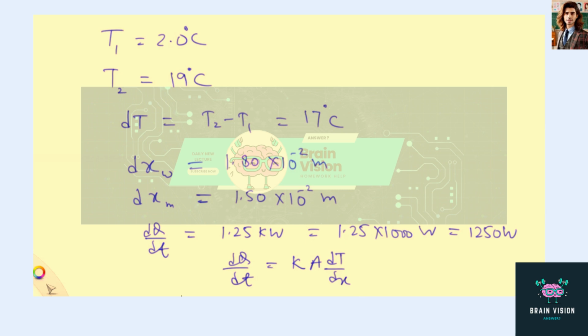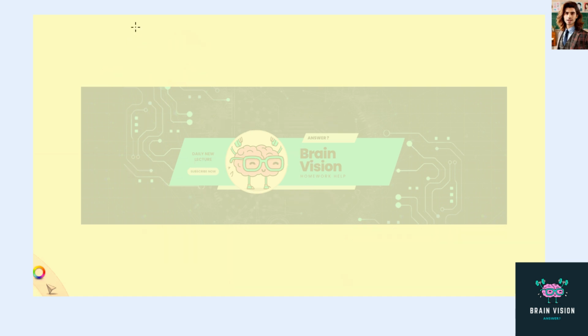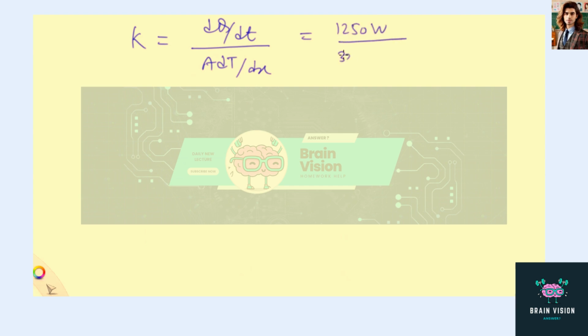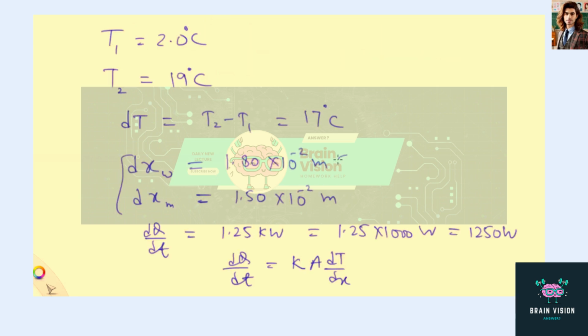So putting all these known values here, we get the expression for k: k is equal to dq by dt divided by A dt by dx, or we can say this is 1250 watt, 32.5 meter square for area, 17 degrees Celsius for the change in temperature, and overall dx means if we add these two widths, the overall width will come out to be 1.8 plus 1.5 means 3.30 into 10 raised power minus 2 meter.